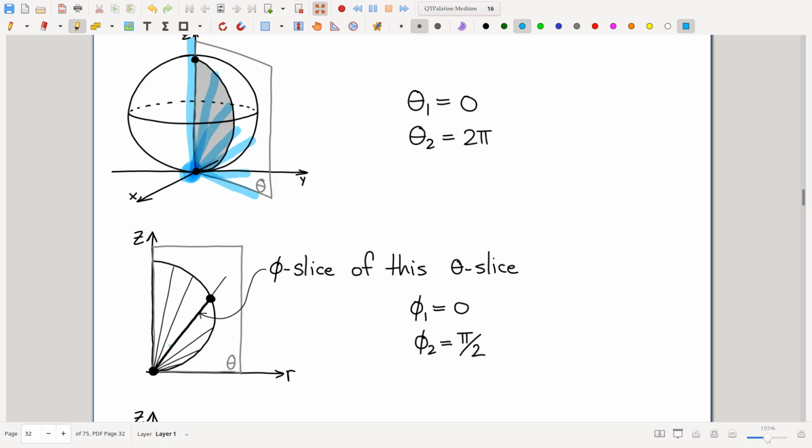But it's just easier to see them like that, in my opinion. Okay, so that said, our theta slice looks like this. And think about what happens to phi.